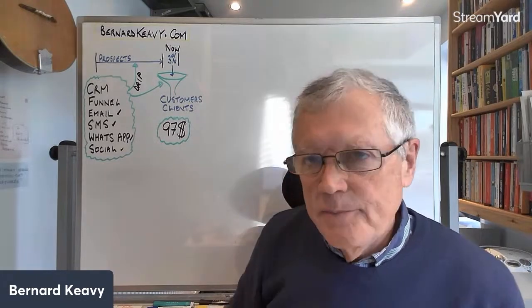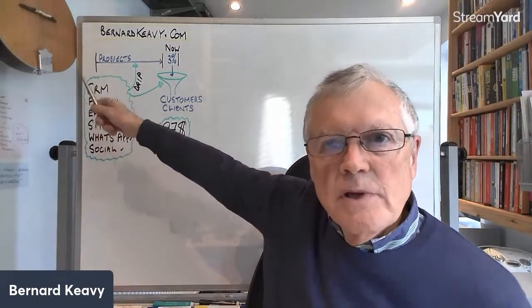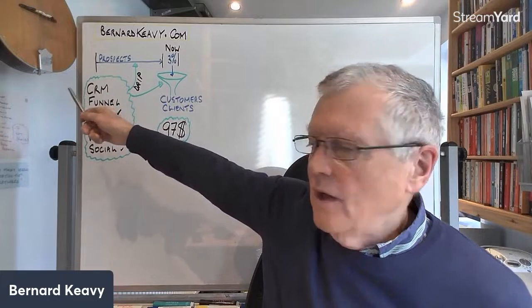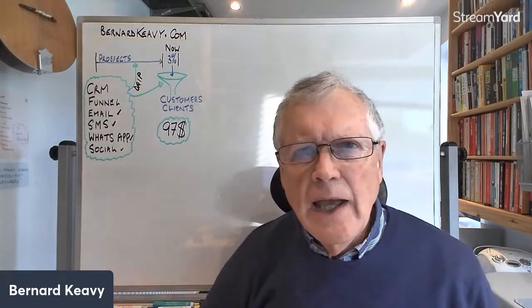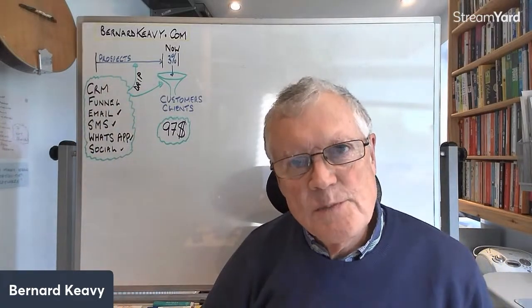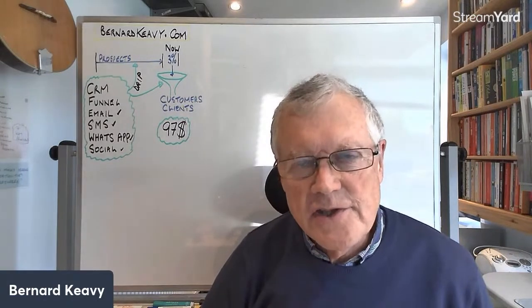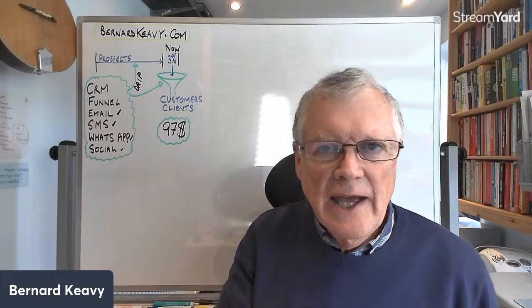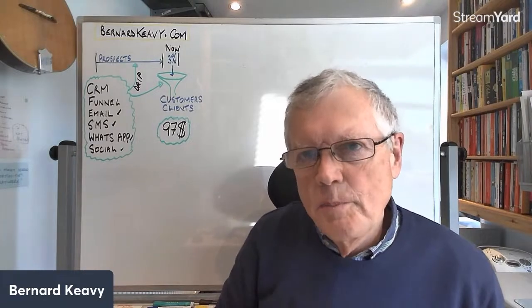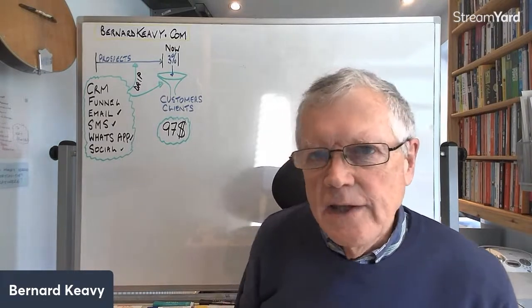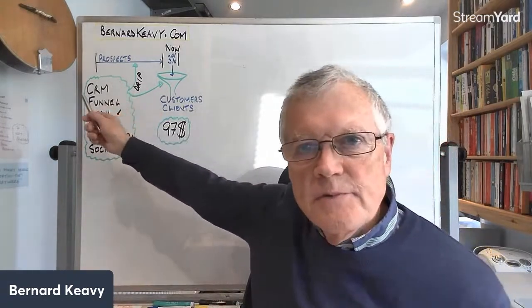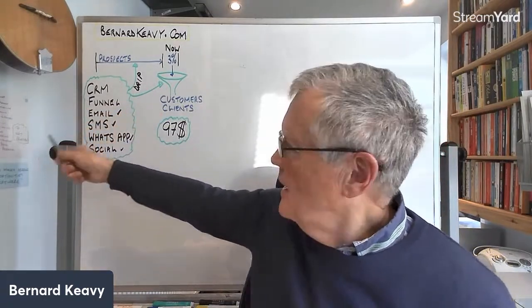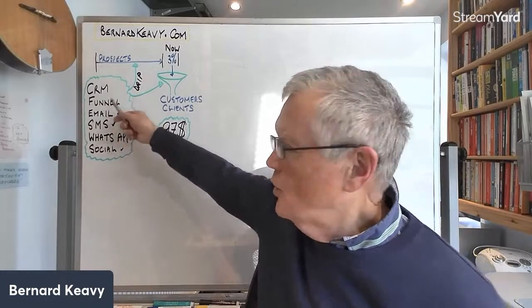Now, what tends to happen is that people buy some or all, or maybe one or two of all these different things, which means they've got different expenses for different software packages. It also means you've then got to work out how to get them to talk to each other, how to integrate them, make them all compatible. So what if you could get hold of one system, one software package, where you could use it to do all of these things?